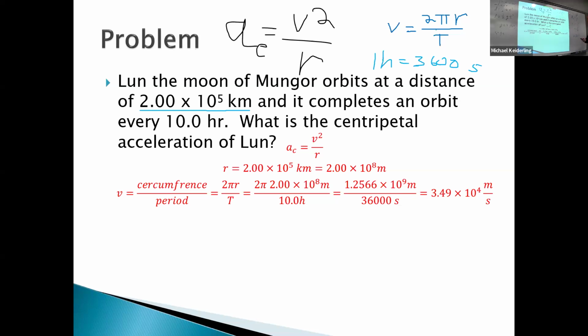That's 2 pi times 2 times 10 to the 8th meters over 10 hours, which comes out to 1.2566 times 10 to the 9 meters over 36,000 seconds, which gives us 3.49 times 10 to the 4 meters per second. So (3.49 times 10 to the 4 meters per second) squared divided by 2 times 10 to the 8th meters gives us an acceleration of 6.09 meters per second squared.